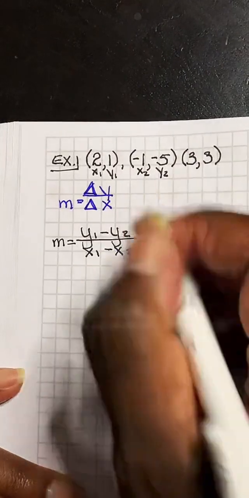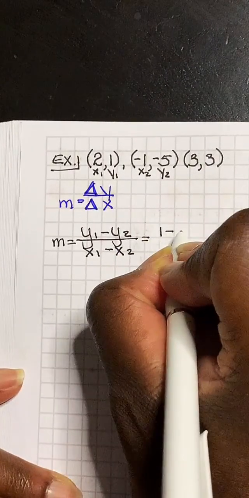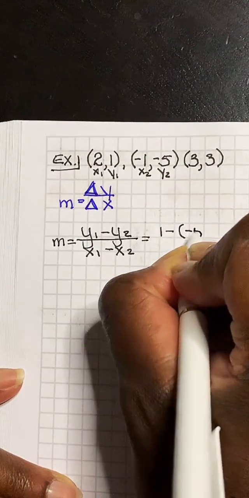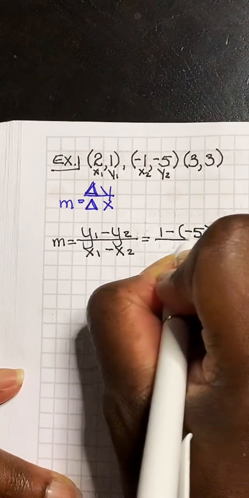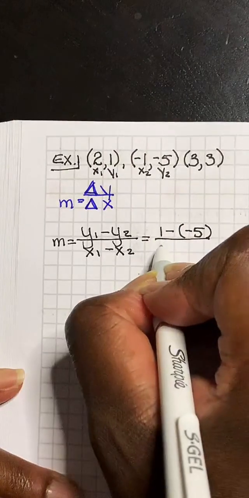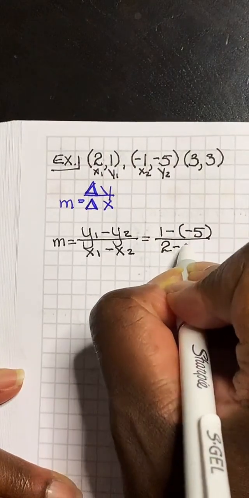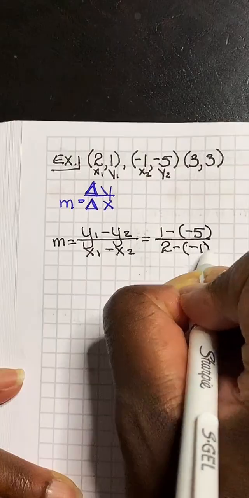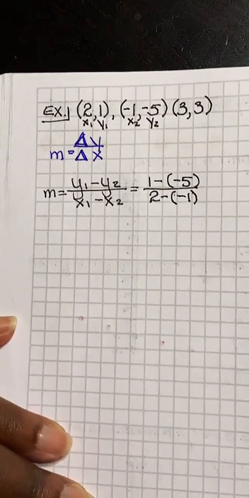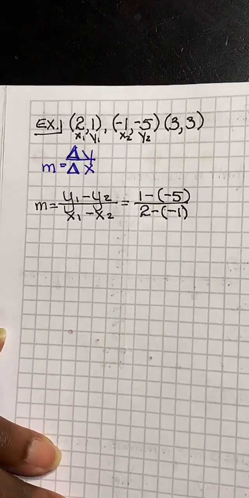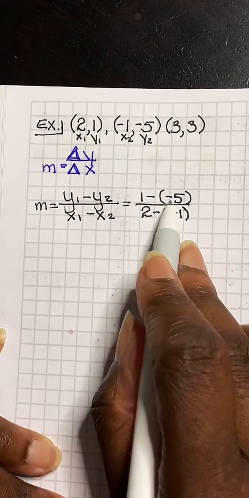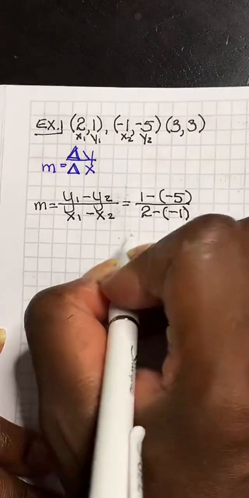So I'm going to have 1 minus negative 5. And then I'll have 2 minus negative 1. So when I minus a negative, it turns positive.